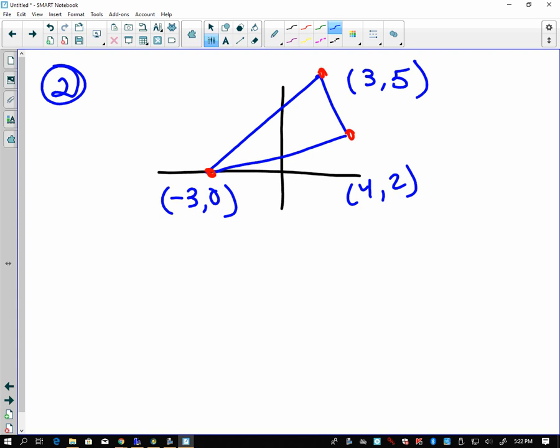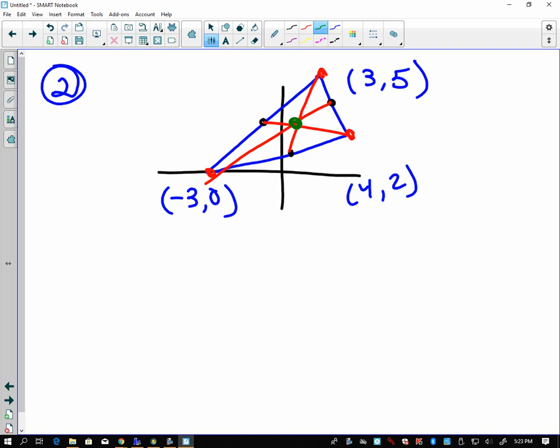In the past, I would have had you use your midpoint formula to find this point and this point, and then draw your lines back to here, over to here, and right to there until we had this green point, and that would have been your centroid.